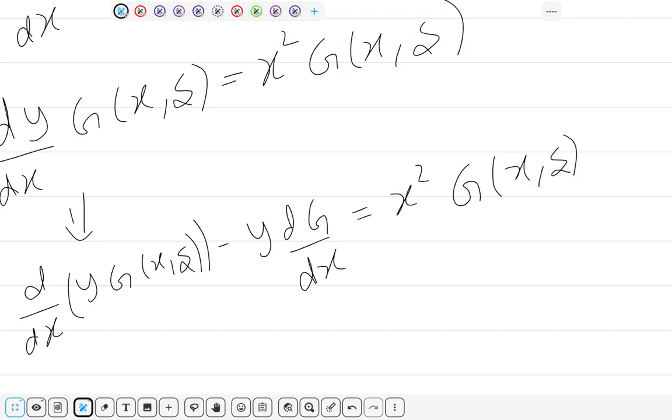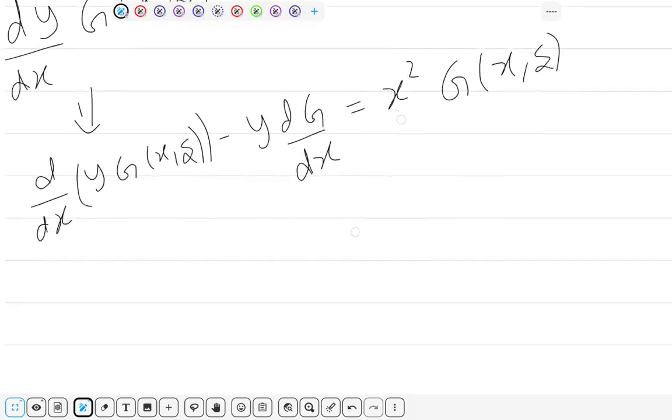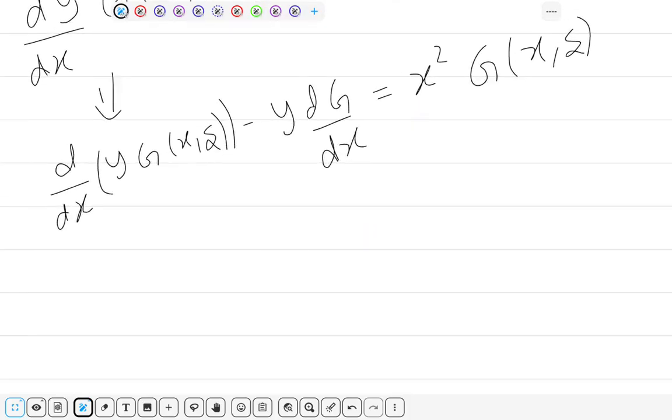So if I do this, then here this thing will be 0, doesn't matter what I do when I integrate on both sides.